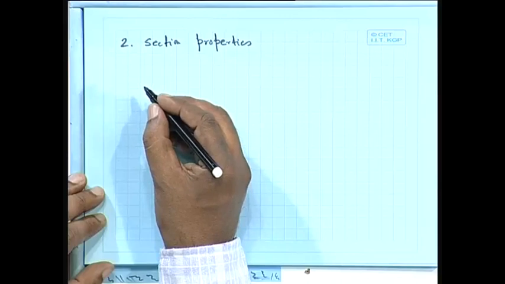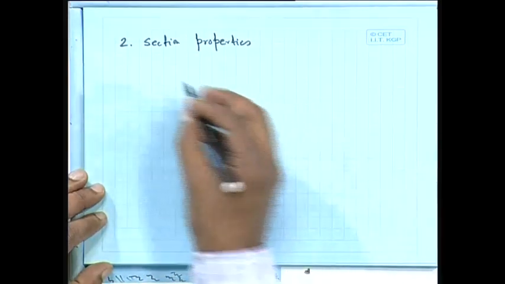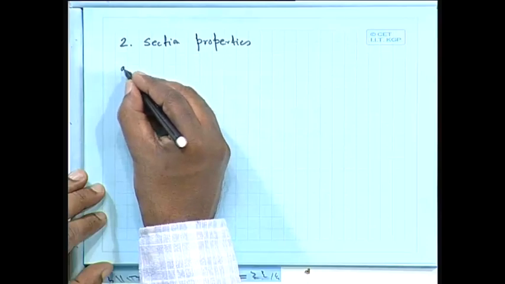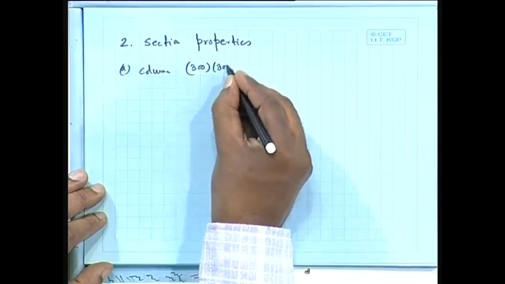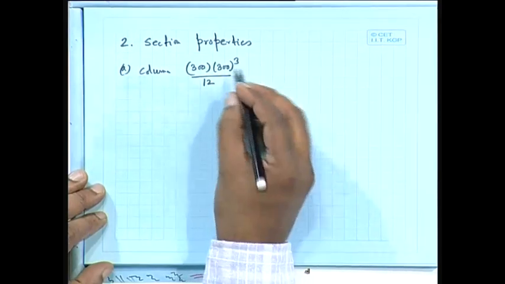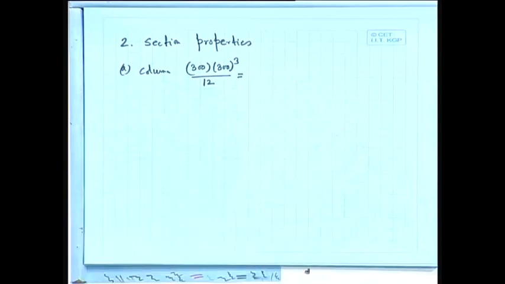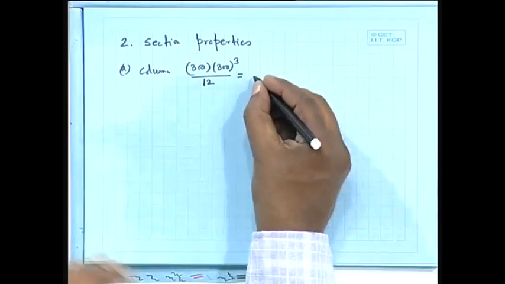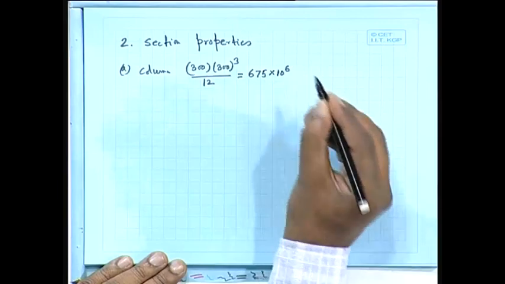In this case we can find out for the column, that is 300 by 300 cube by 12, the moment of inertia or second moment of area, and this comes as 675 into 10 to the power 6.